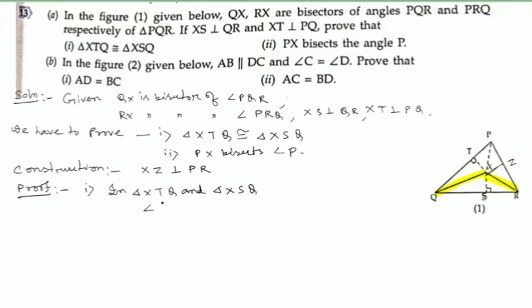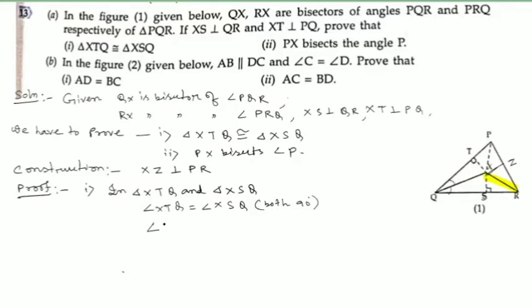Angle XTQ is equal to angle XSQ, both 90 degrees. Next, angle TQX is equal to angle SQX, because here you can see QX is the bisector of angle PQR. QX is the bisector, therefore it divides the angle PQR into equal parts.